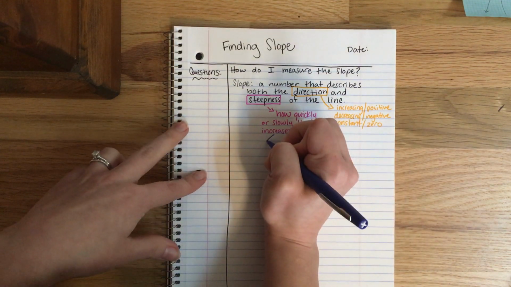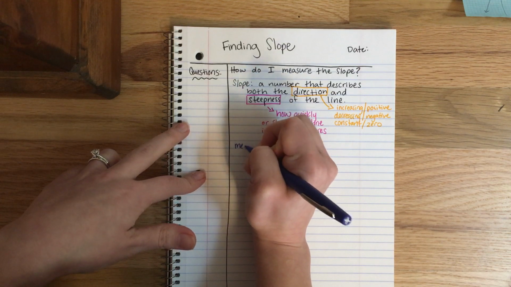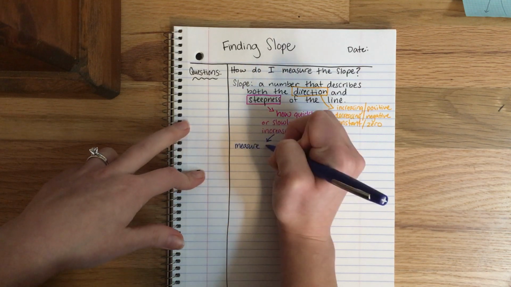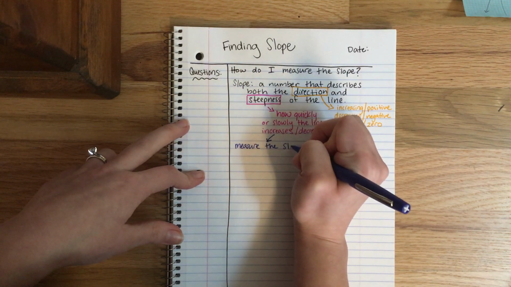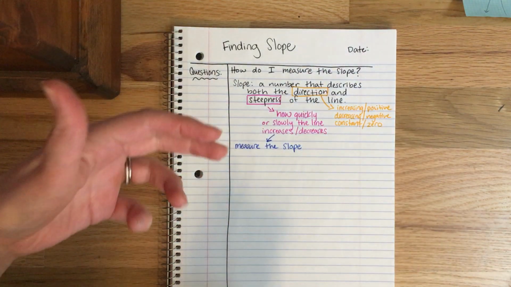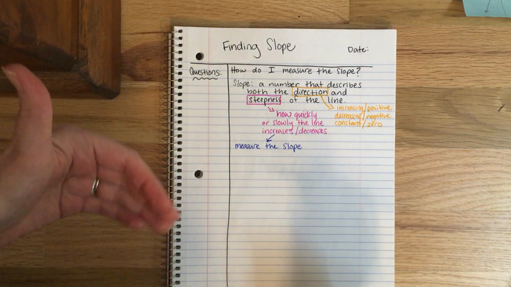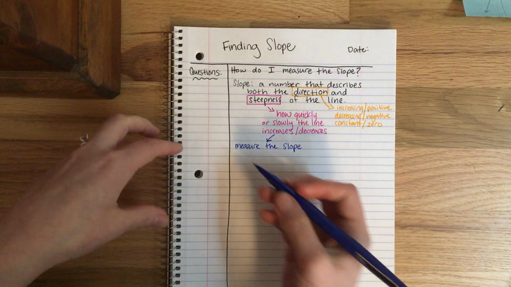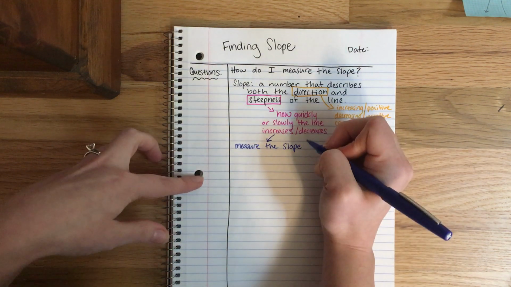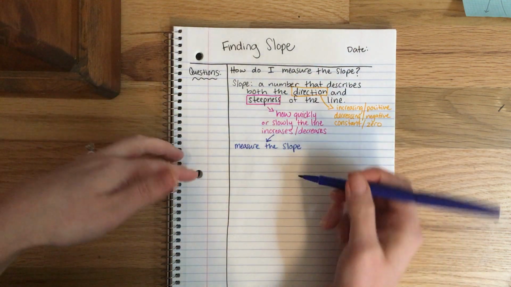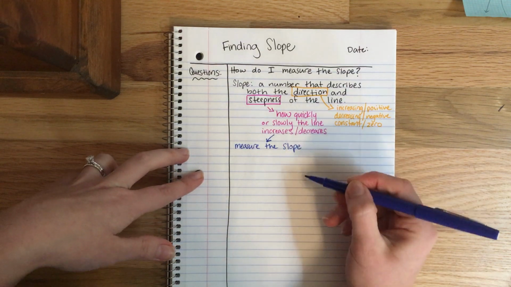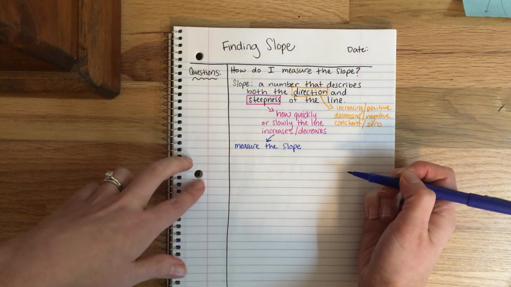So when we go to measure the slope, we want to know how far up or down the line moves over a set amount is kind of one way we want to talk about it. How far up it goes versus how far over it goes.